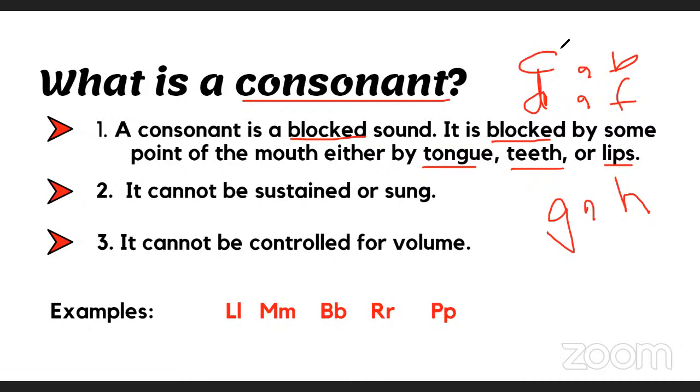It's blocked by my upper palate. If I say g, g, g, my tongue is blocking the sound. If I say the sound of letter F, my teeth are blocking the sound. If I say d, d, d, the tongue is blocking the sound. Okay? So consonant sounds are blocked.